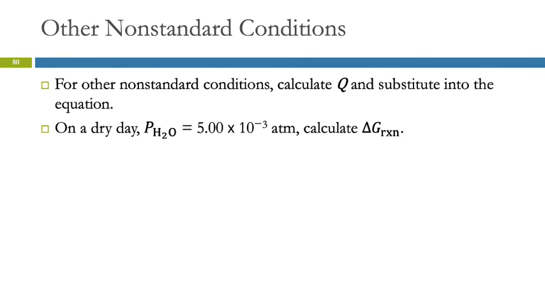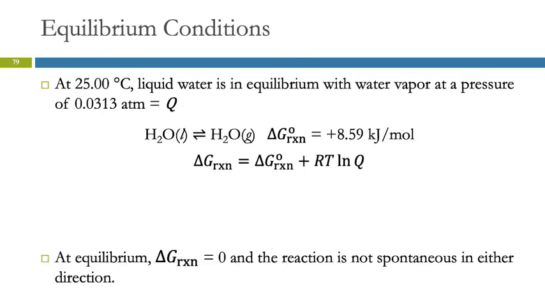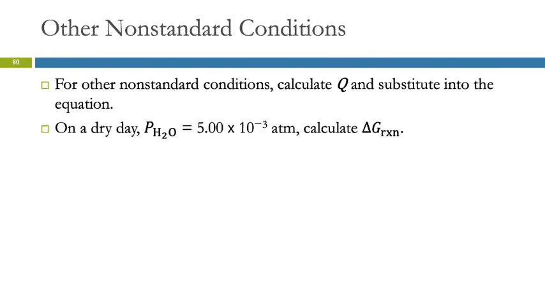For other non-standard conditions, you would calculate Q and substitute it into the equation. So here we're given a different pressure, and I need to remember what that is, 8.59 kilojoules per mole.